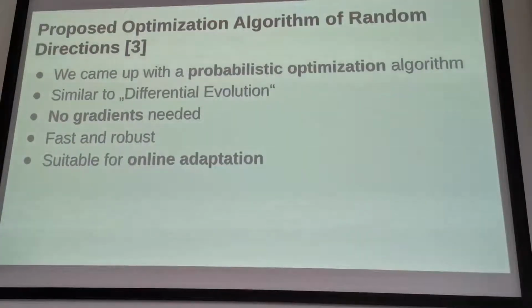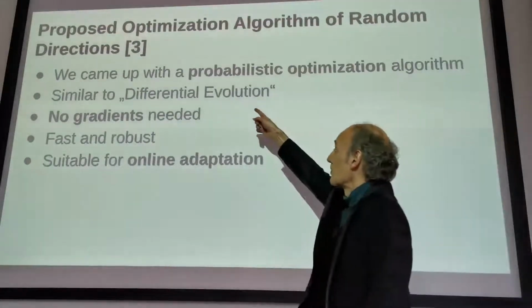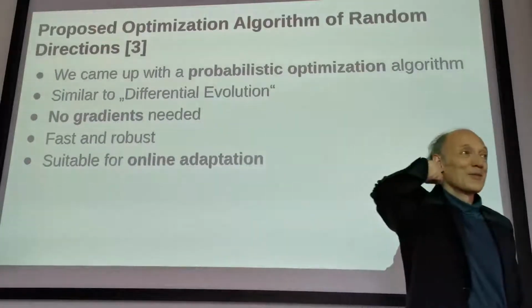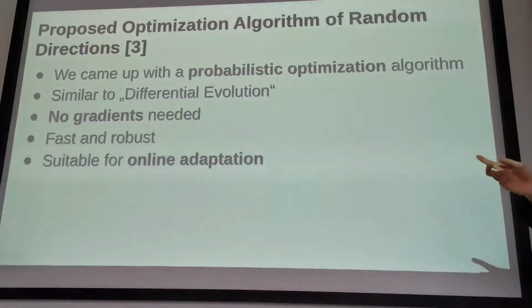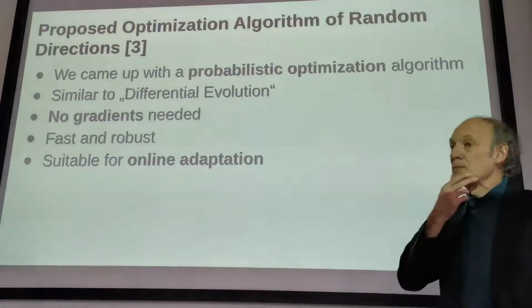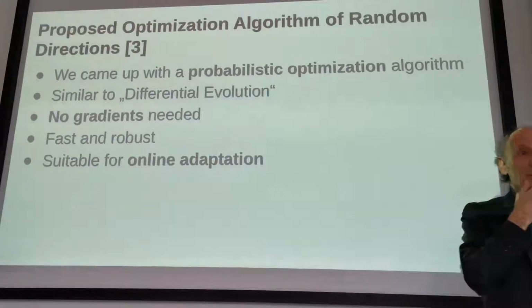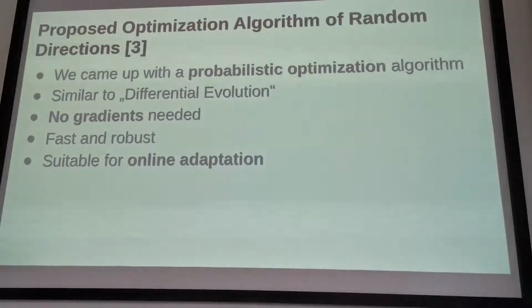Yeah, and to solve it, we came up with an optimization which is based on probabilistic optimization, which is similar to differential evolution. So actually, this is where we started. Do you know differential evolution? So this is actually a probabilistic optimization method, which is able to deal with local minima. Right? It basically mimics evolution, or genetic evolution.